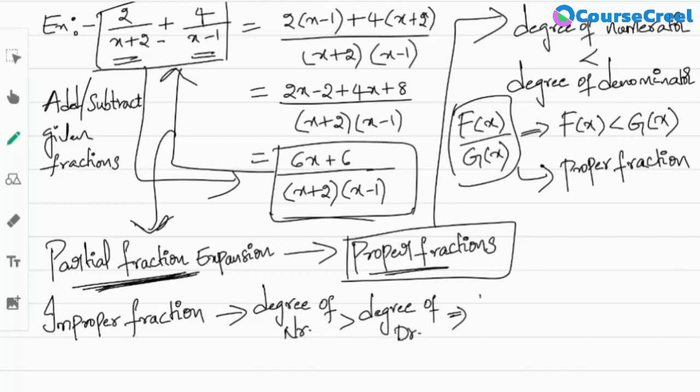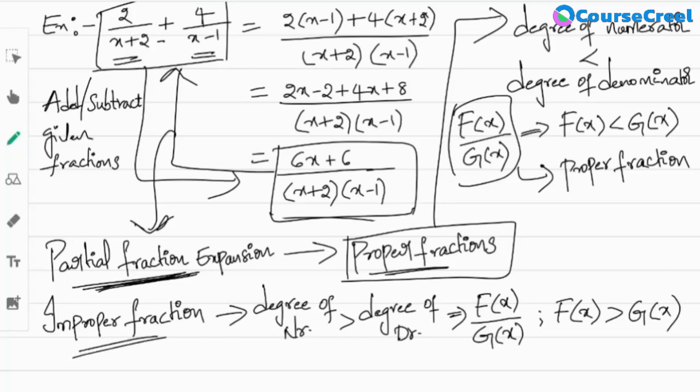That means if f of x by g of x is the given fraction where f of x and g of x are polynomials, and the degree of f of x is greater than the degree of g of x, then that type of fraction is called an improper fraction. When the given fraction is an improper fraction, we can't apply the partial fraction expansion method on it, because partial fraction expansion can be applied only for proper fractions.